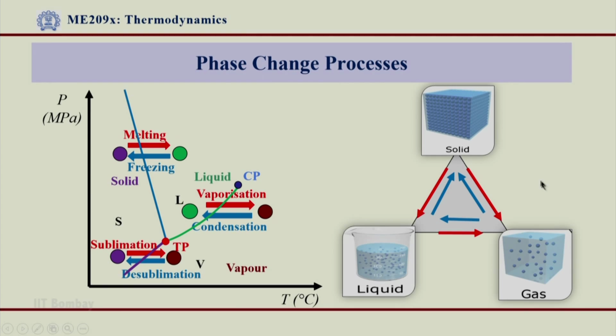All this can be seen again over here in this triangle, but it is important to understand that these processes happen across this phase transition line which are actually demarcated. All these phase change processes involve latent heat during conversion and also during these phase changes they go through the existence of a two phase mixture as what we had seen earlier in the phase diagram of water. Thank you very much.